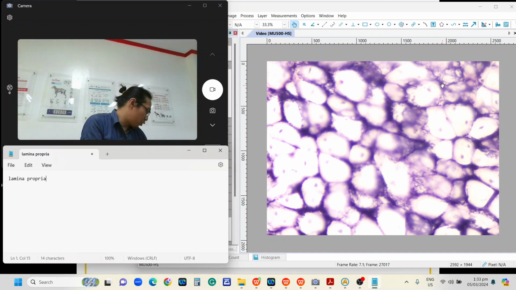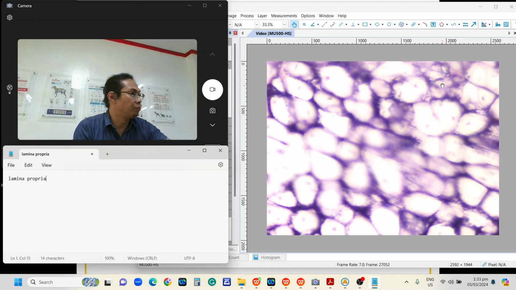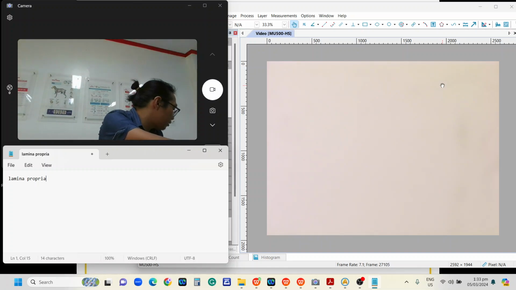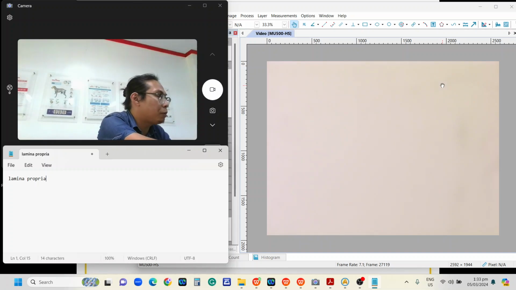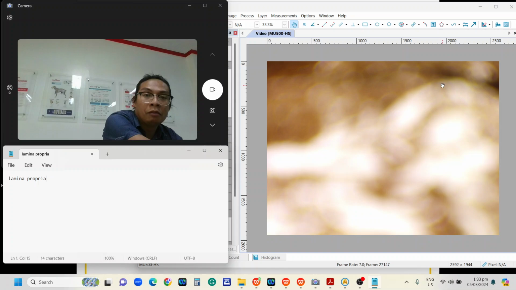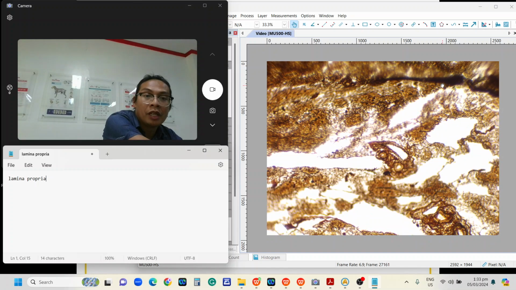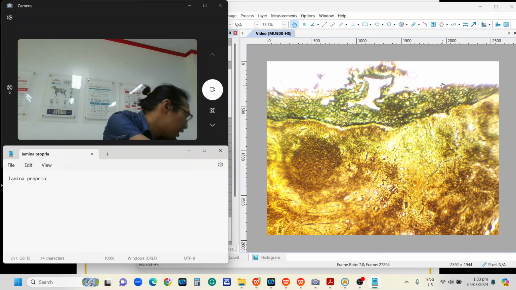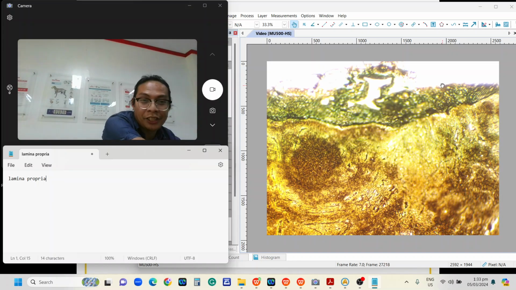Let's move on to the reticular connective tissue. Now, reticular connective tissue is a special tissue as it cannot be stained by H&E.